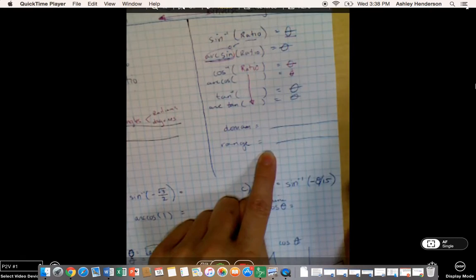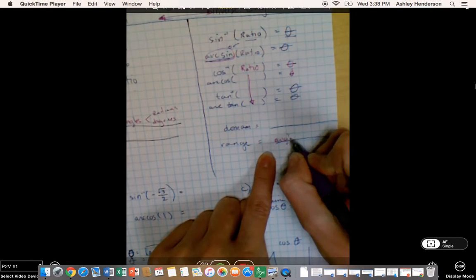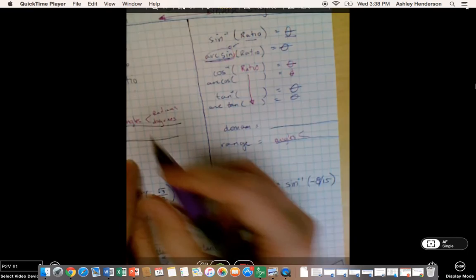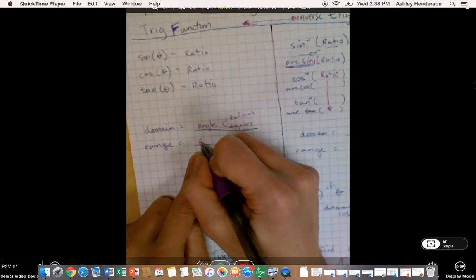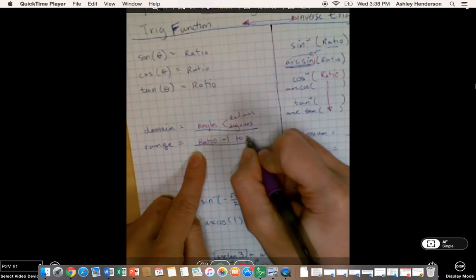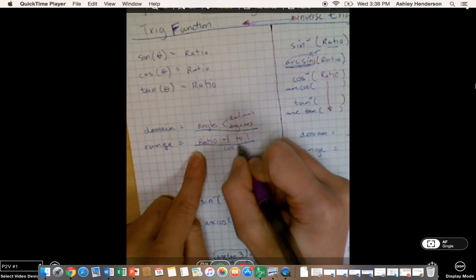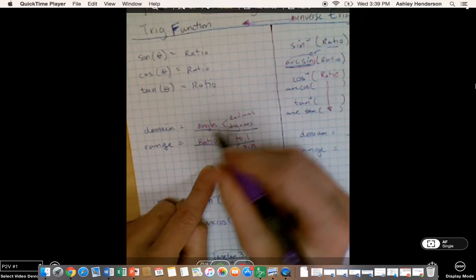Because they're inverse functions, the inverse will output angles, degrees or radians. And then the range here is a ratio from -1 to 1 for cosine and sine. For the other ones, the range is different, but it's still a ratio.